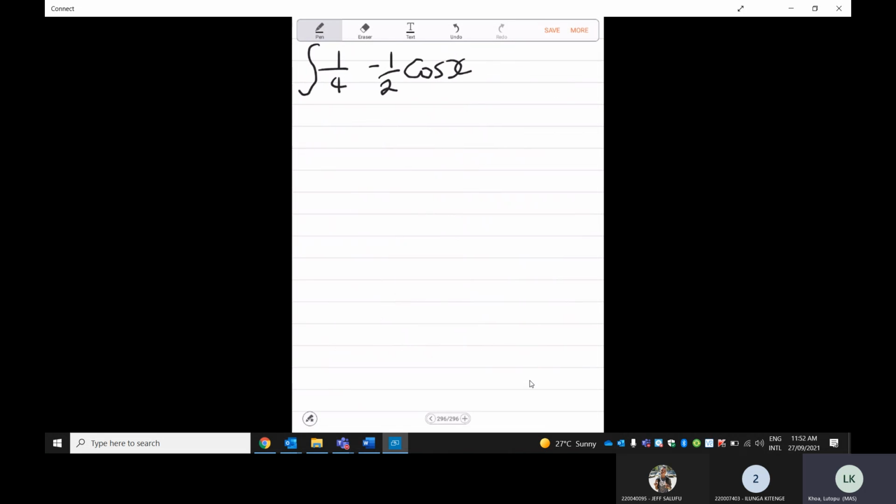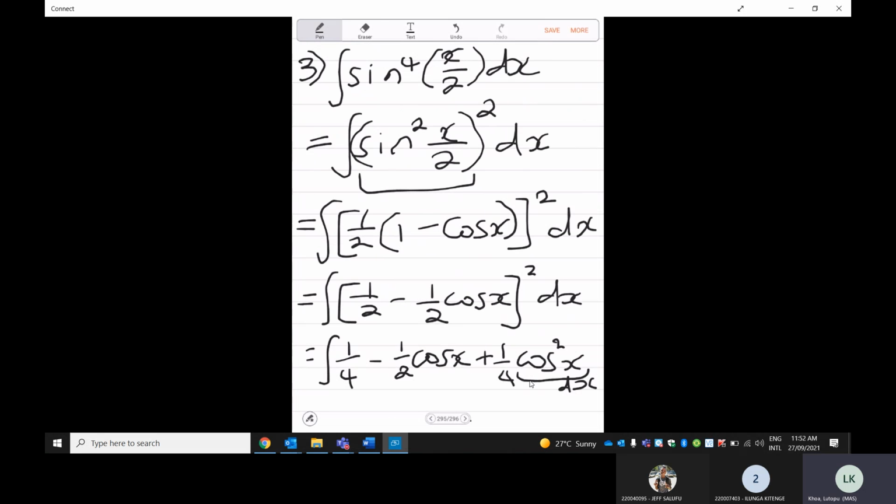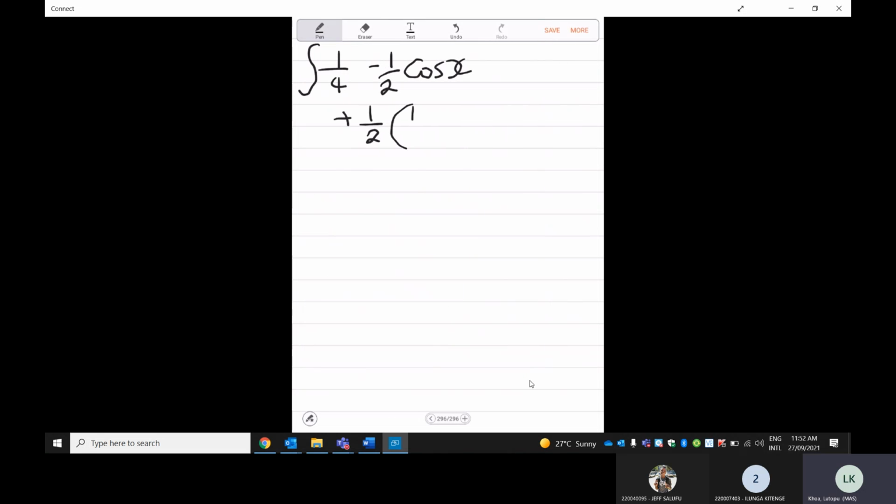So I have a quarter, and then the cos squared x is a half 1 plus cos 2x, and then this is all with respect to x.